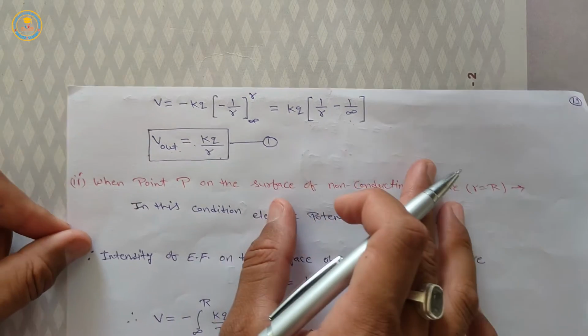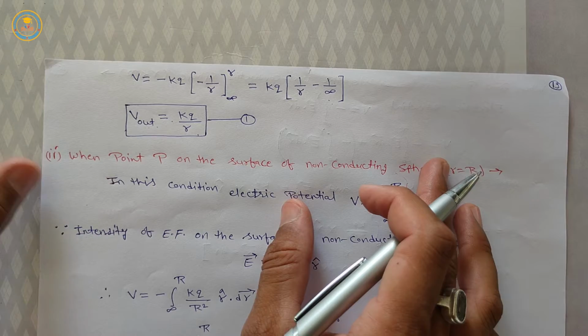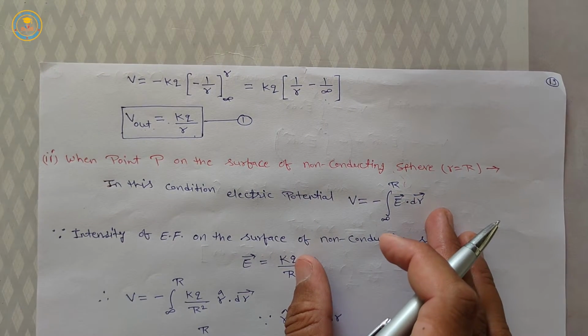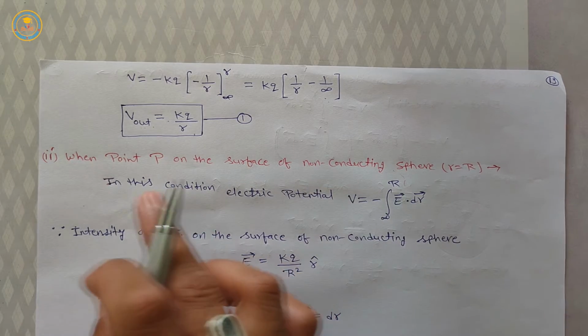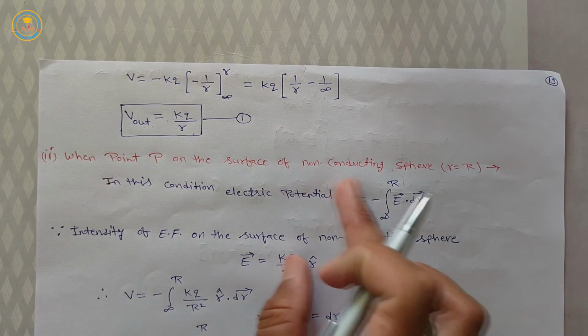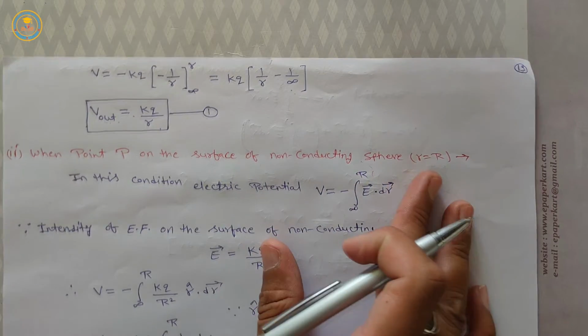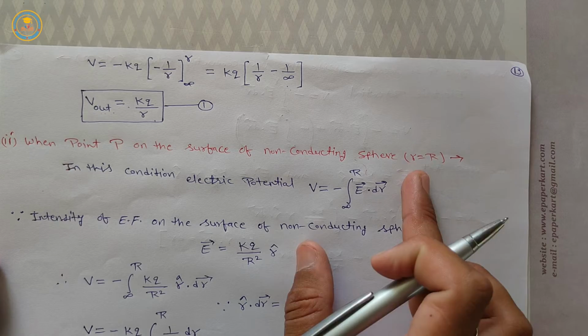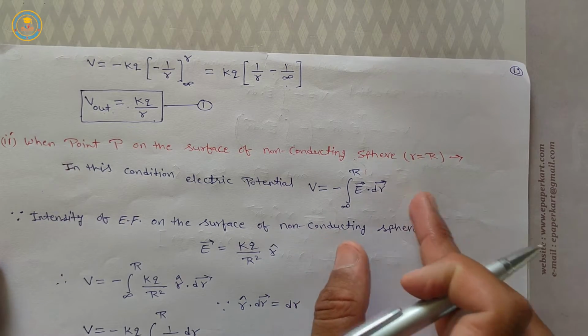Now the next position of point P: on the surface of the non-conducting sphere. Then point P is on the surface of the non-conducting sphere. In this condition, small r is equal to capital R. It means the distance is equal to the radius of the sphere.